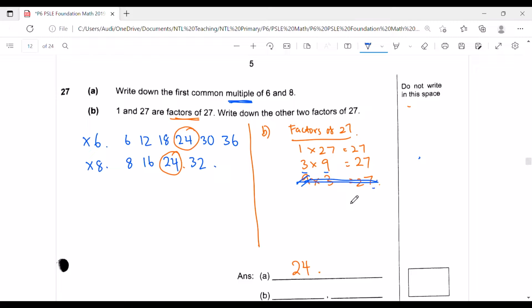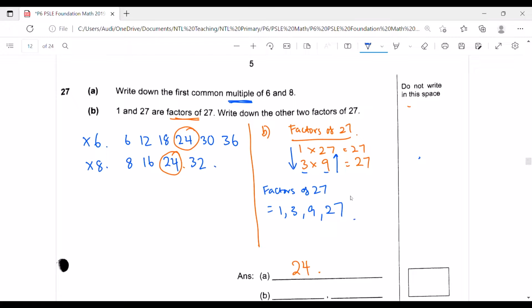Okay, so what are the two factors? Factors means, okay, all the factors of 27 will be this. We go this way, and then we go up this way. Okay, let me erase this so we don't get distracted. So the factors of 27 will be 1, 3, 9, 27.